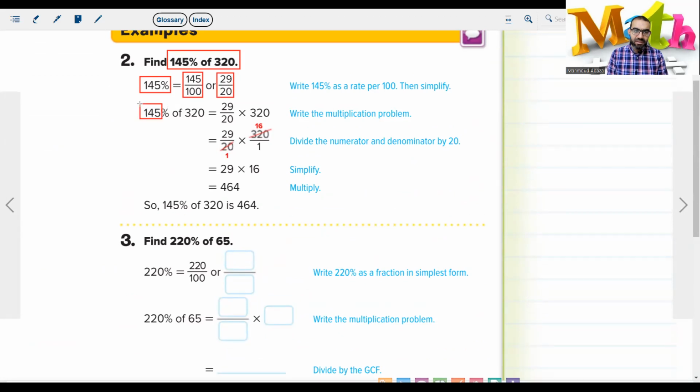So 145% of 320 is like 29 over 20 multiplied by 320. We can use cancellation. We can divide by 20 gives you 1, divide by 20 gives you 16. So the whole problem becomes 29 multiplied by 16, which is 464. So 145% of 320 is 464.